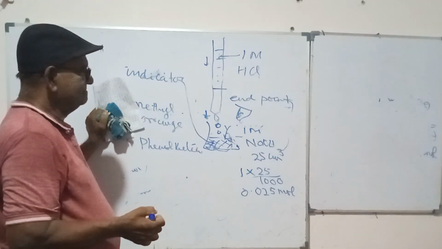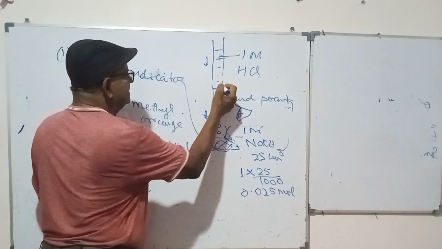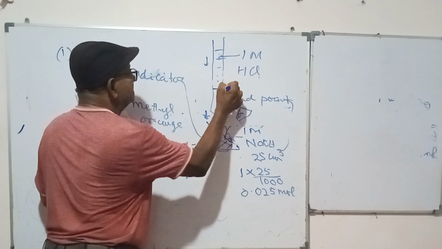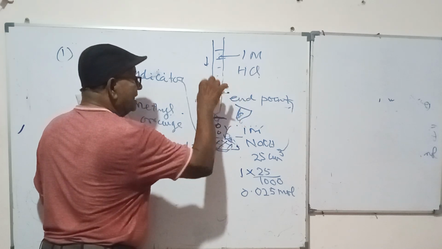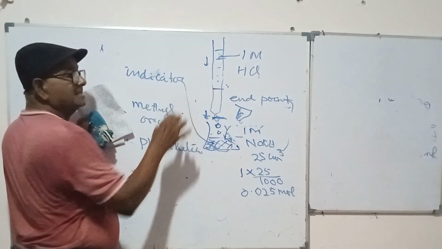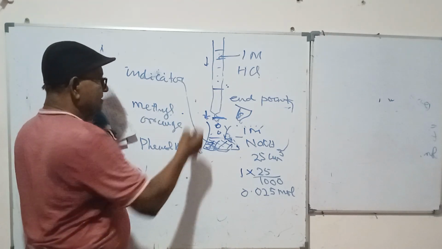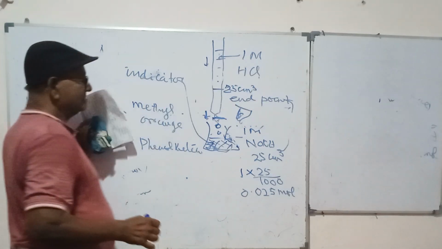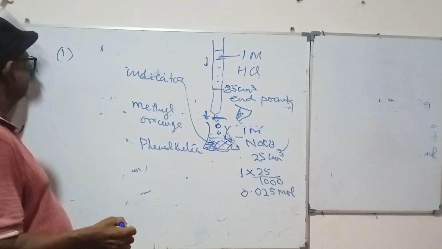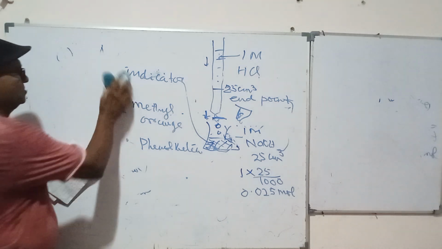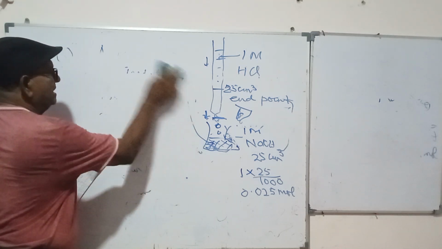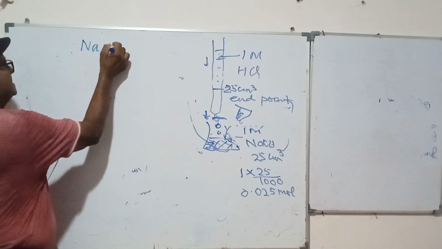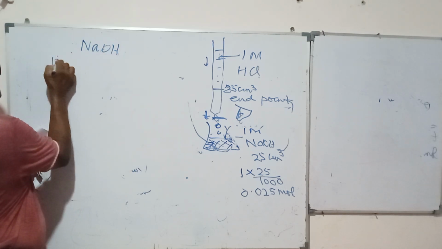When it becomes red, we stop the addition of HCl and read the added volume of HCl. It may be 25 cubic centimeters. Right? Then we can go to the calculation. NaOH, how many moles?